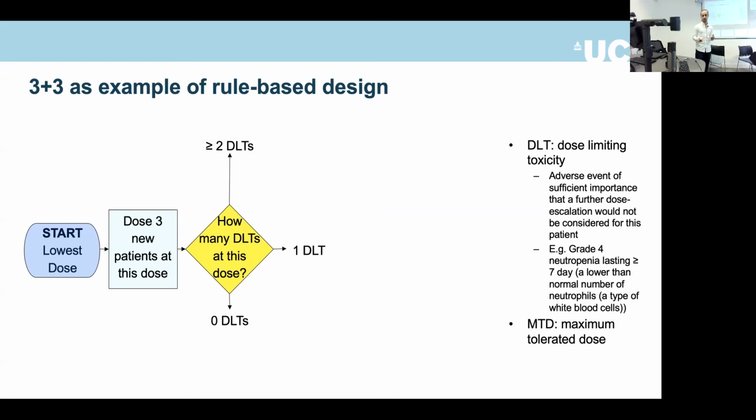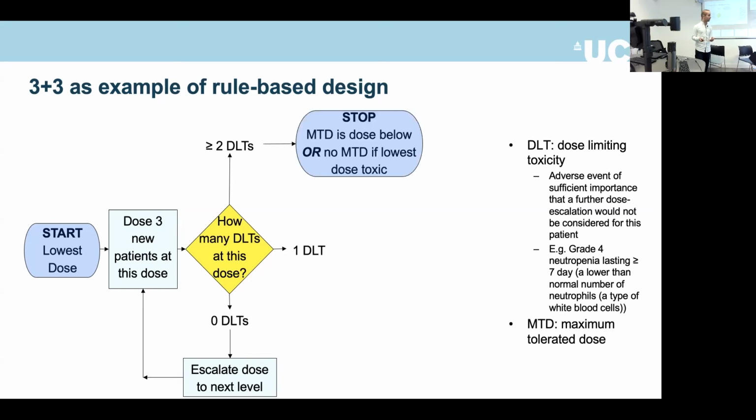If there are no DLTs, then we can escalate to the next dose level. If there are 2 or more DLTs out of 3 patients, we would stop the study. And if we are at the first dose level, this means that there is no MTD. Otherwise, if we have escalated, then it would be the dose level below that would be declared the MTD.